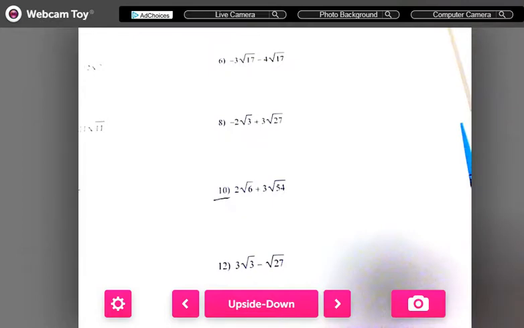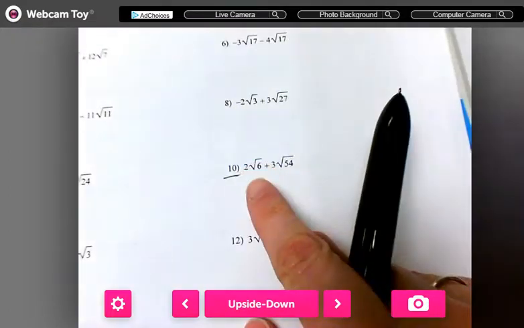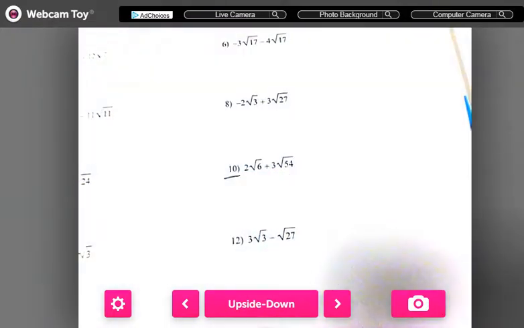Okay. So I need, underneath the square root, it to be the same. So does 6 go into 54 evenly? So 54 divided by 6 gives me 9.